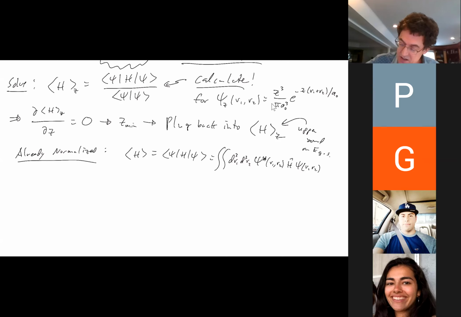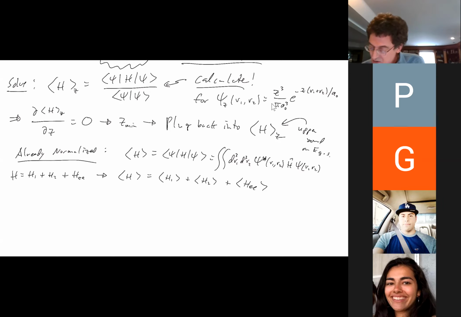But it's tedious, it's a pain, but we can make it easier because we can write the Hamiltonian in terms of three pieces. It has an H1 plus an H2 plus an interaction term, which I'll call H_EE, since the electrons are interacting with each other. Then when I calculate the expectation value of H, I can do them separately: H1, H2, H_EE.